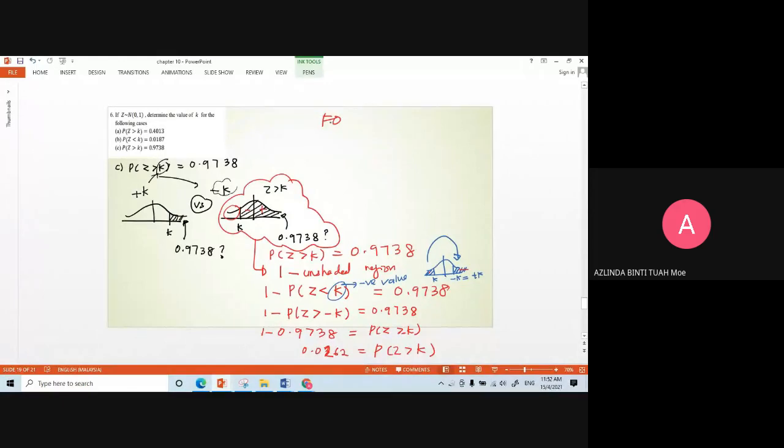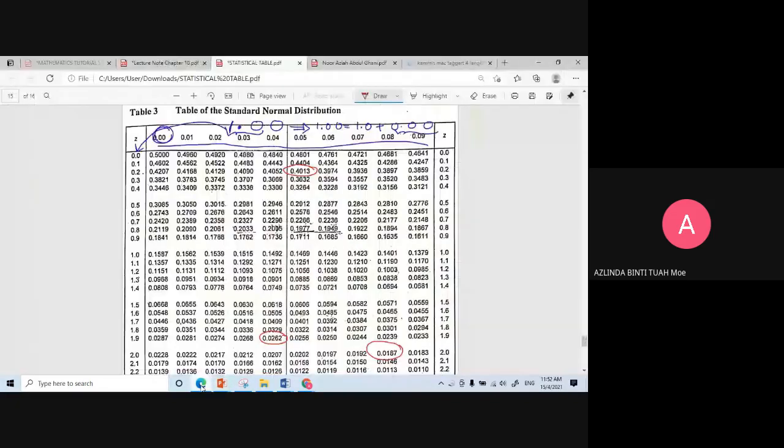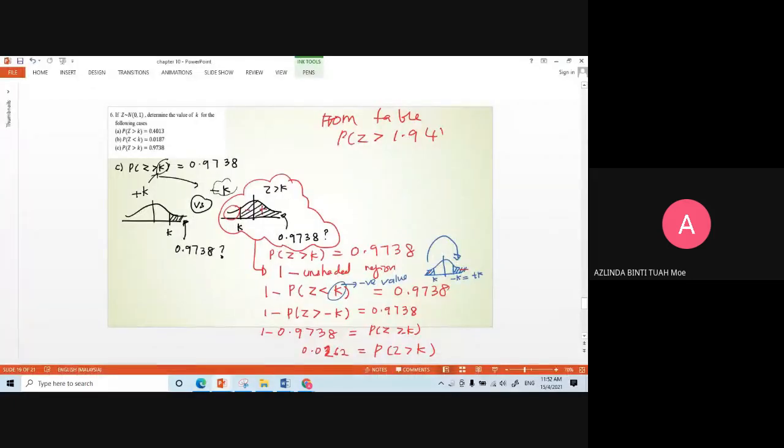Continue here. From table, P(Z greater than 1.94) is equal to 0.0262.